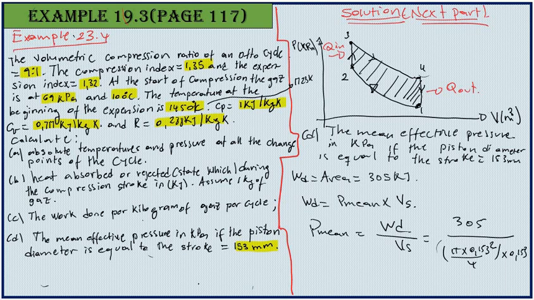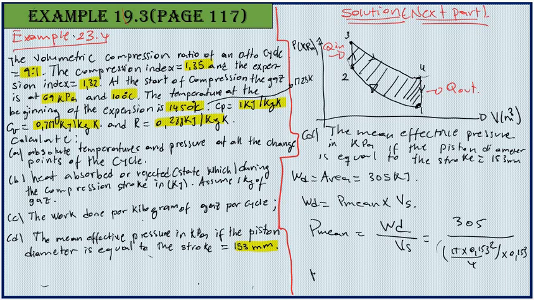Just remember that to determine the mean pressure, I need to take the work done of the entire cycle divided by the swept volume, because the mean pressure is the pressure that can be found from the cycle, while assuming that the area inside the cycle is rectangular.